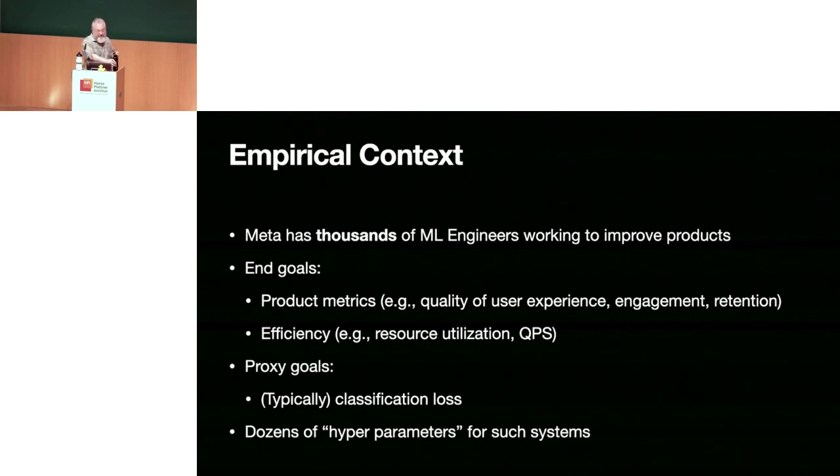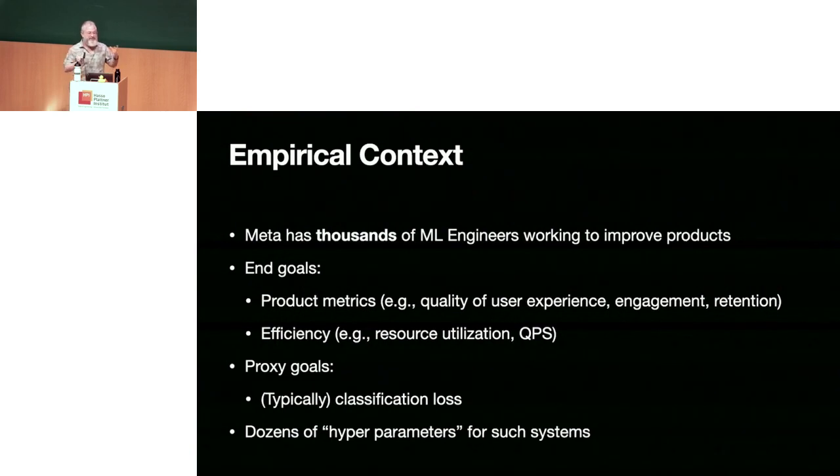So Meta has thousands of engineers that are working to improve the product. Most of the surfaces that you'll see on Instagram or Facebook, and increasingly, or in some cases, WhatsApp, are using some form of machine learning to rank the content and figure out what's relevant.